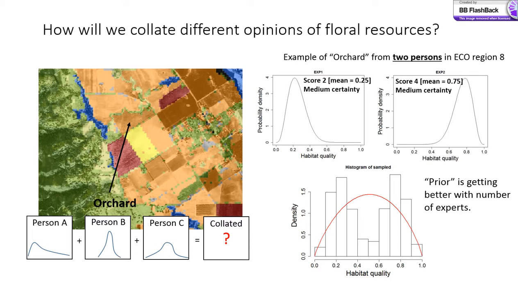This prior looks awkward, but once we get some number of experts, we can get a well-fitted prior, and the range of the 90% credible interval is the amount of uncertainty of our current combined knowledge on floral resource suitability from just two experts.